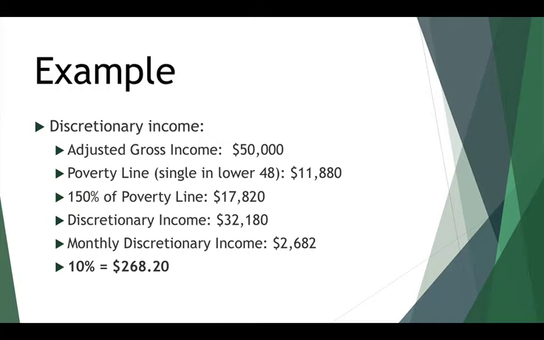Chop that in 12, your monthly discretionary income would be $2,682, 10% of which would be your monthly minimum payment under revised pay-as-you-earn, is $268.20. So just like the original pay-as-you-earn, this allows you to reduce your minimum monthly payment from $1,110 a month all the way down to $268.20. Nice option to have.